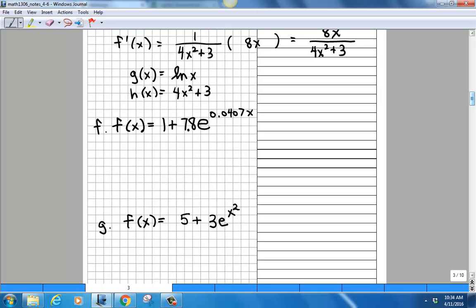We only have one more derivative rule after this one. I know it's getting a little bit tedious calculating derivatives, but there's only one type of rule left.